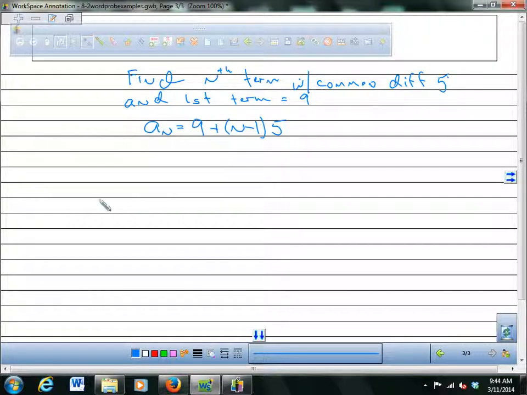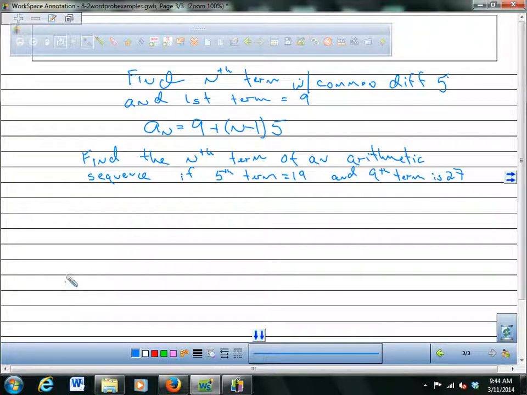It does get slightly complicated. Sometimes I'll give you stuff like this. Find the nth term of an arithmetic sequence if the 5th term equals 19, and the 9th term is 27.